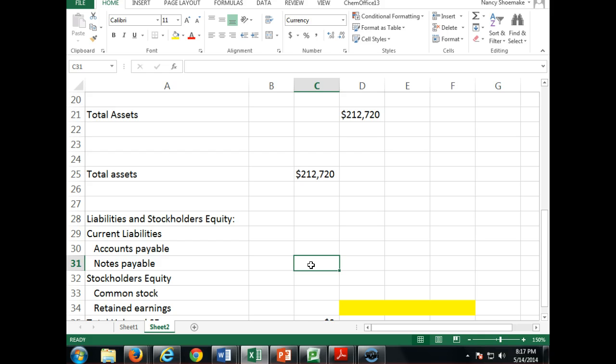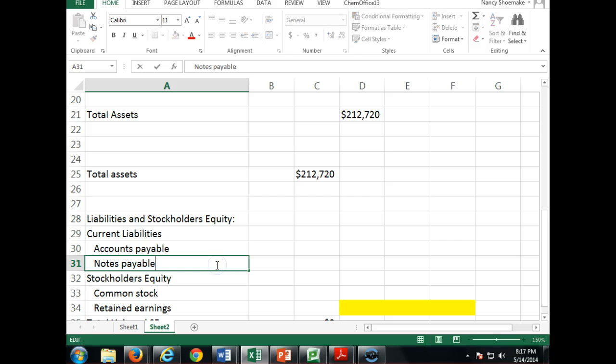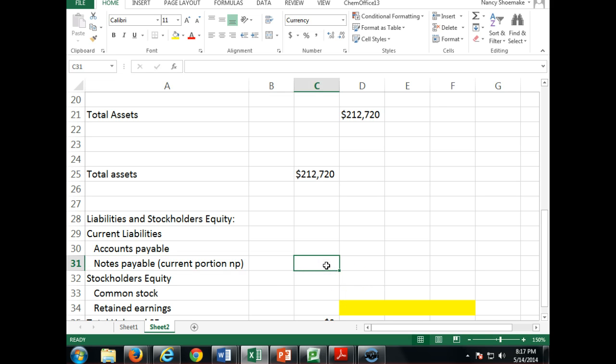The note payable, didn't it tell us it was over 3 years? You have to read. But the current portion of the note payable is how much? 13,600.